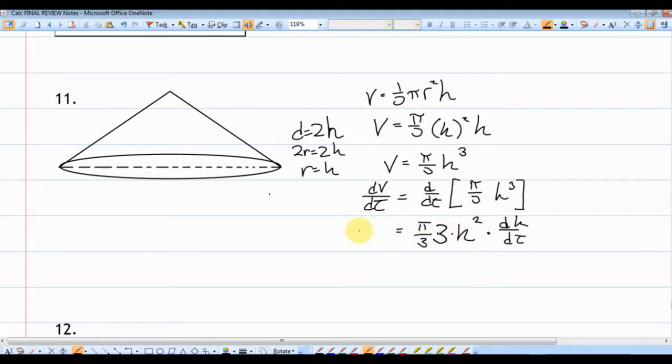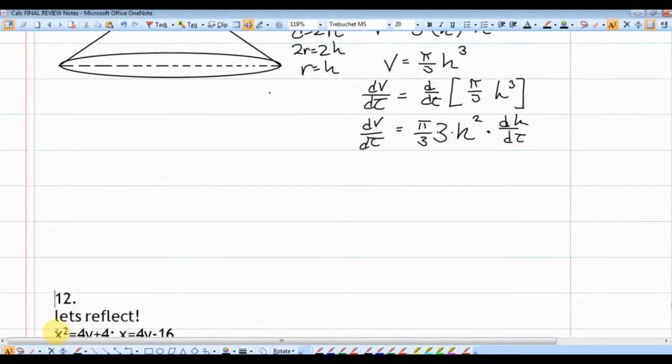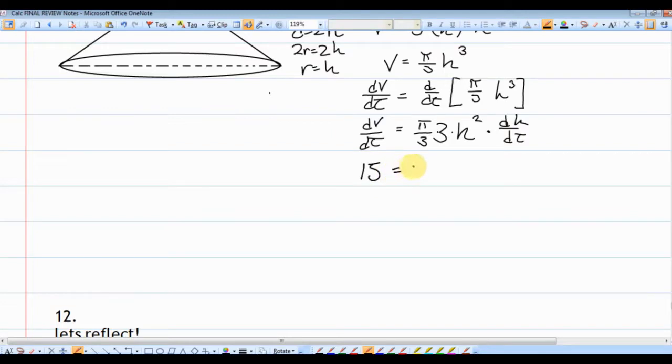Okay, that's my dV/dt. We want to know dV/dt. Do we know dV/dt? 15. dV/dt is 15. Yes, you're correct. 15 equals pi.